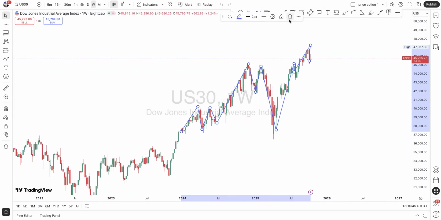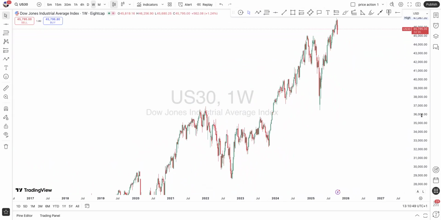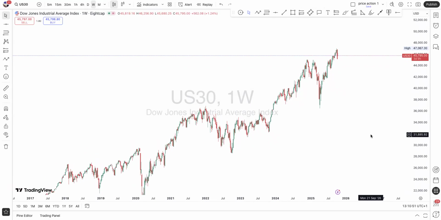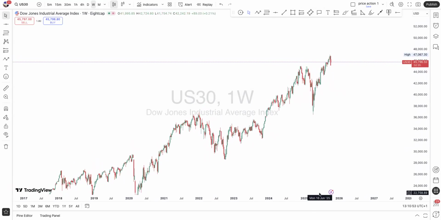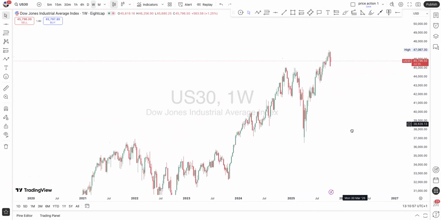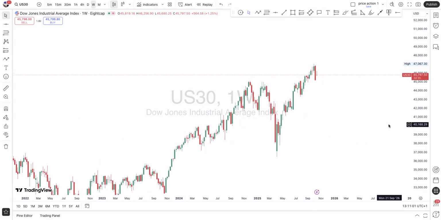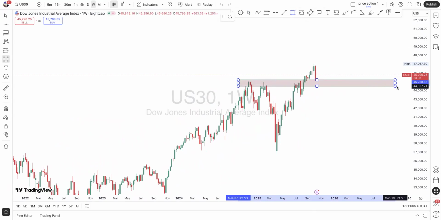The highs it broke, we can see from the weekly time frame, was a strong psychological level. This was the level US30 broke at.